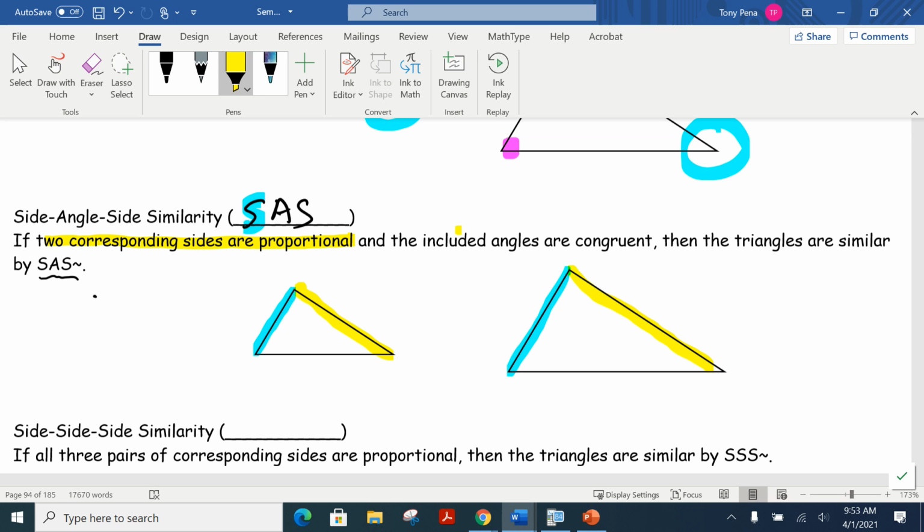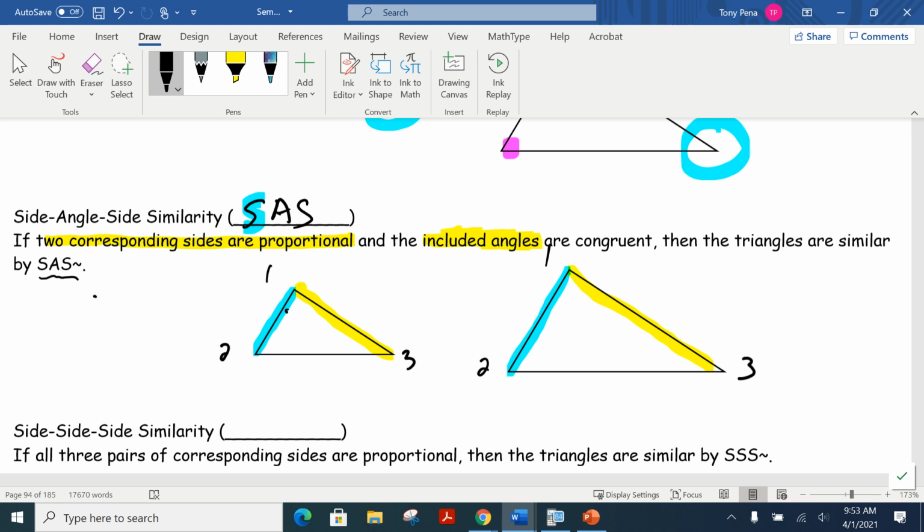And this is important now to understand. The included angle. So if I label these angles 1, 2, 3, 1, 2, 3, which angle is the included angle by the blue and the yellow side? Angle 1, 2, or 3? So what angle is created by the blue and the yellow hitting each other? Angle 1, right?